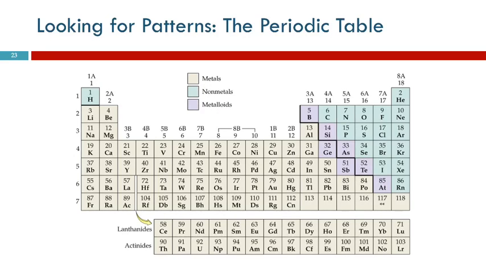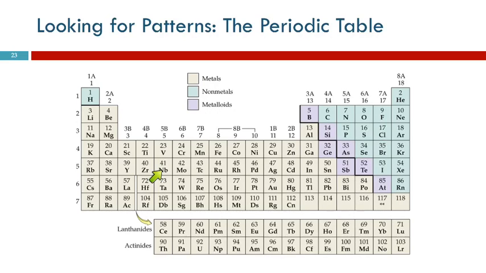So if I ask you whether vanadium is a metal, a nonmetal, or a semi-metal, you should be able to look at the periodic table and tell me. So vanadium, okay, you might say, well, gosh, I don't know the symbol for vanadium. How do I find it? Well, use your best guess. Vanadium starts with a V. Maybe it's V for vanadium.